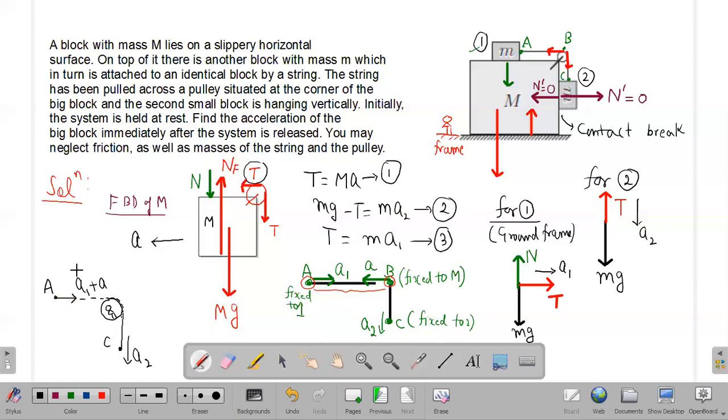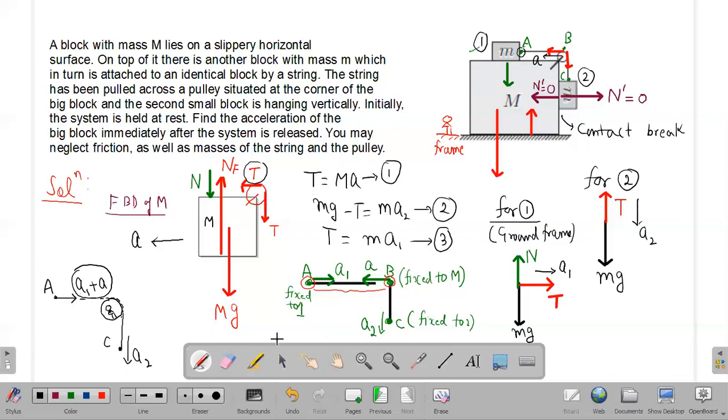This a1 plus a is the acceleration of object a in the frame of this pulley. Remember, this pulley is moving to the left side with acceleration the same as the block. So relative to this pulley, point a is coming towards the pulley with acceleration a1 plus a, and relative to that pulley, the block attached at point c is going downward with acceleration a2.